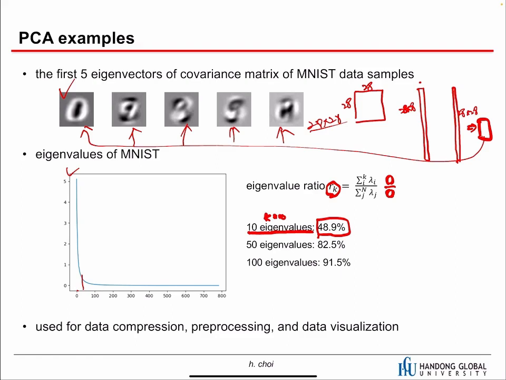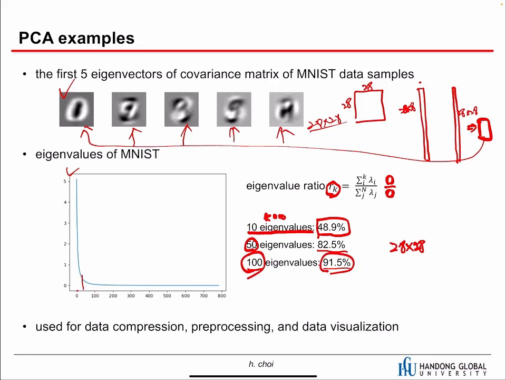If we use 50, it can cover 82.5%. And if we use 100 eigendimensional space, we can cover 91.5%. So instead of using a 28 times 28 dimensional vector, if we use just a 100 dimensional space, we can represent 91.5% of all the information.